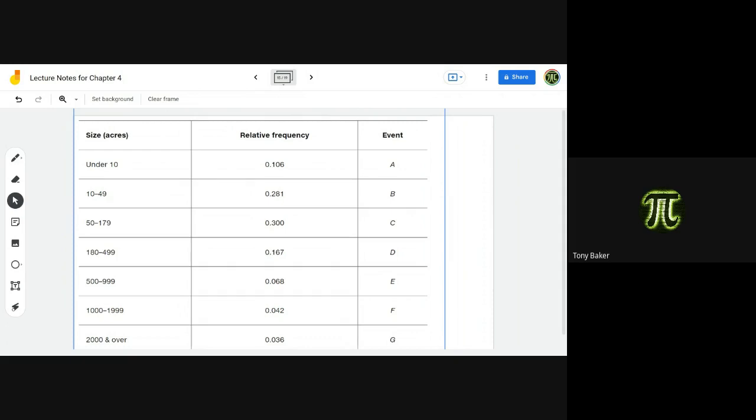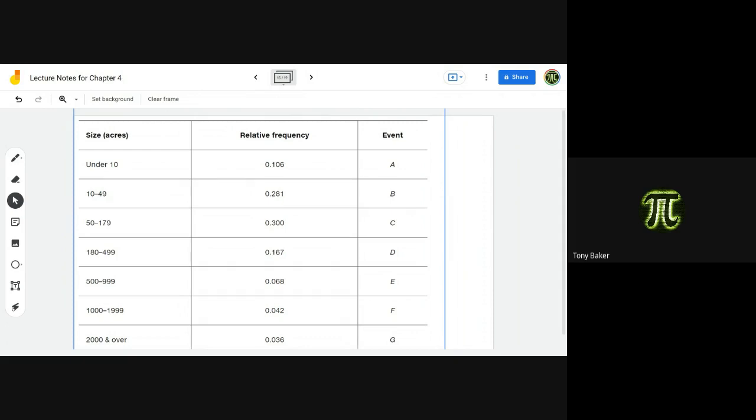Okay, because you're going to add events F and G. So the probability of event F or G is 0.078.